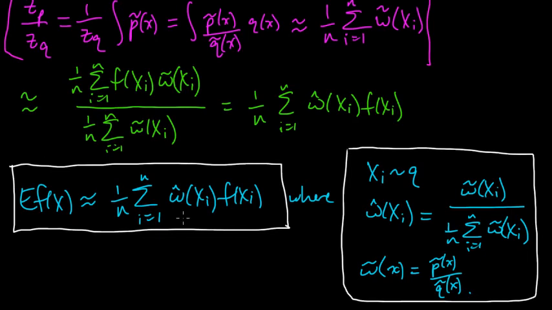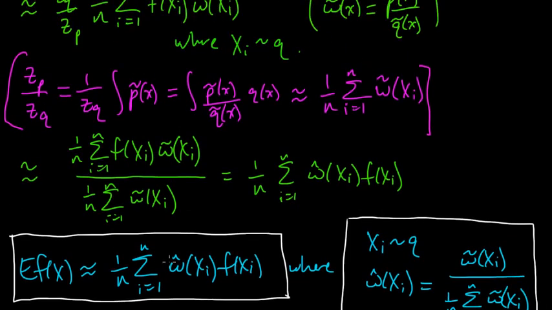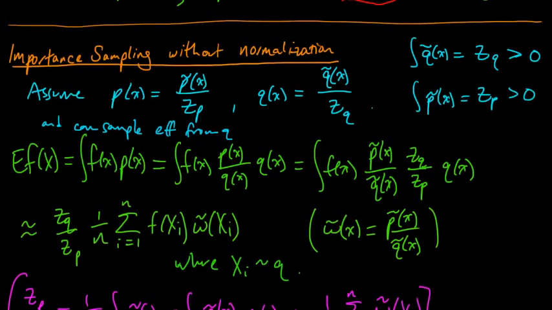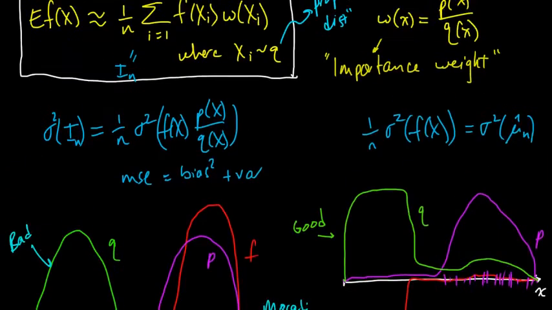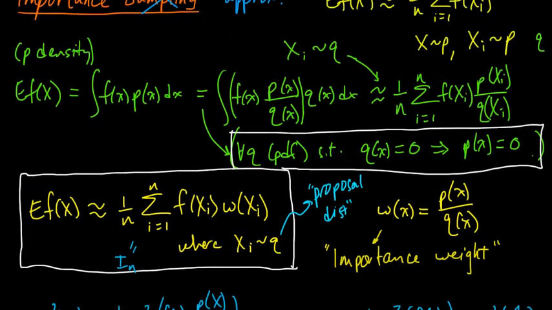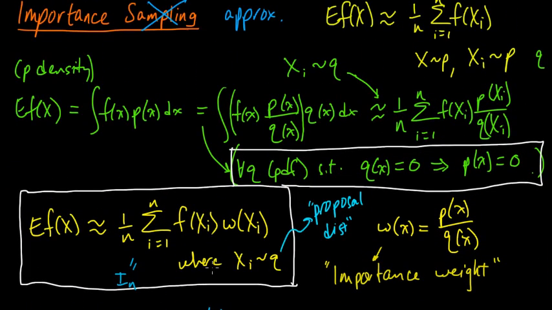Now you can note that there's a strong similarity between this formula and the original importance sampling formula. You can remember it that way. It was just the same, except now, when we don't know the normalizing constants, we have to, in some sense, estimate these importance weights.